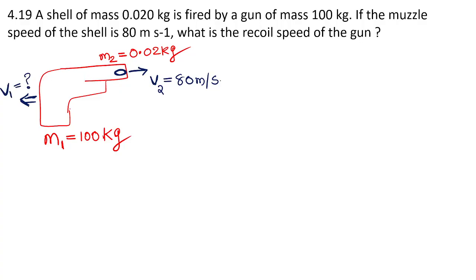As a reaction, the gun will move backward, not with that much speed, but with some speed. That backward velocity V1 of the gun is said to be the recoil speed of the gun. That V1 I have to find out. All of you clear? Question is okay?